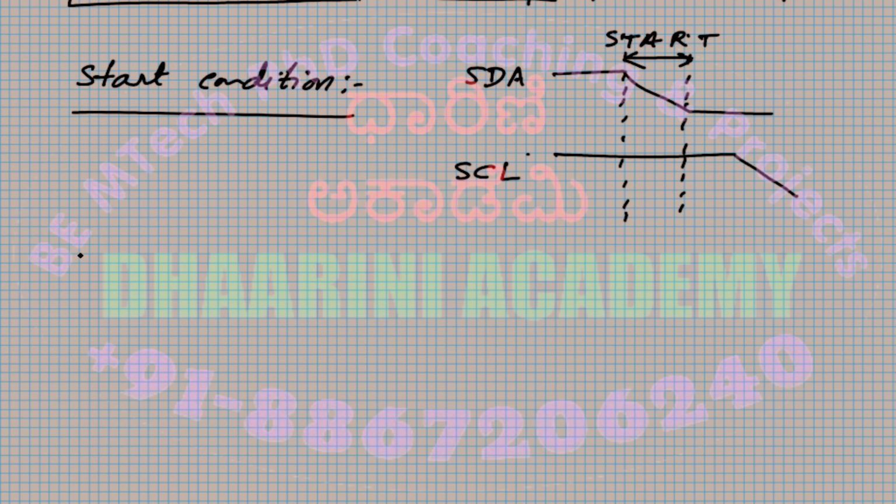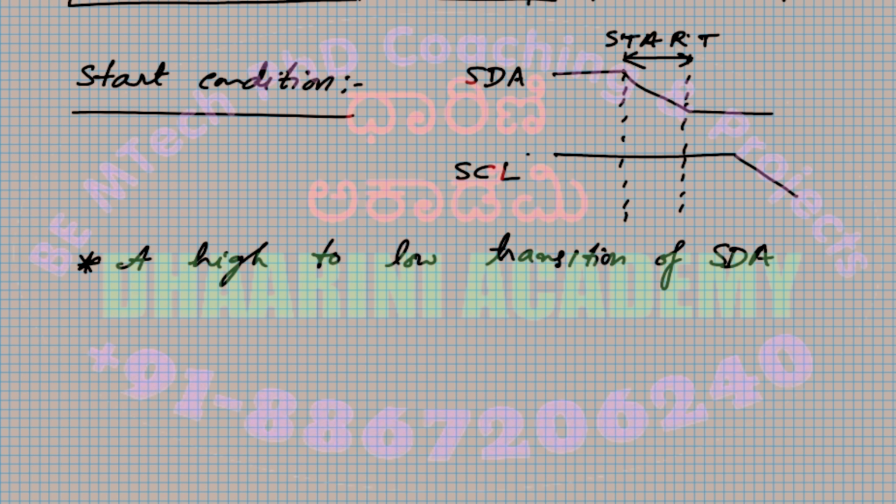So I'll write the condition here. The condition is very simple: a high to low transition of SDA. SDA is high initially, and it becomes low. But that's not the only required condition. I have another required condition: SCL should be high.